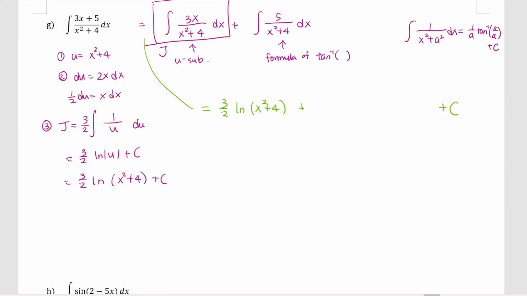So for the 5, we can put out the 5, and then we have 1 over x squared plus 4. 4 is like 2 squared, so we use this formula when a is 2. So 1 over 2 arctangent of x over 2, and then we have the plus c. Okay, so that is our answer for this problem.